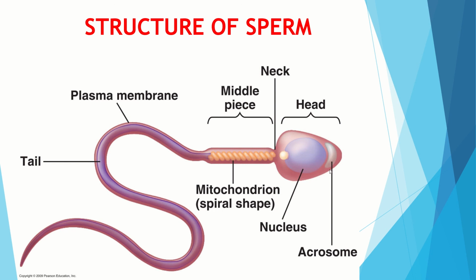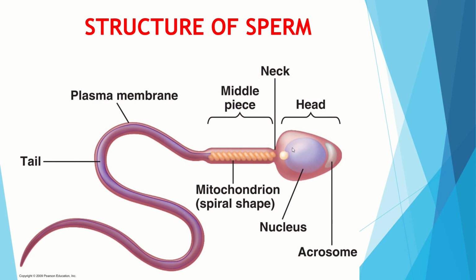From here to here, we can find the membrane called the galea capitis. And in the posterior head, extending up to the middle part, that membrane is said to be the manchette. So from the posterior head till the middle piece, that is called the manchette. So there are two membranes: one is present in the anterior part of the head and one more is present in the posterior part of the head.